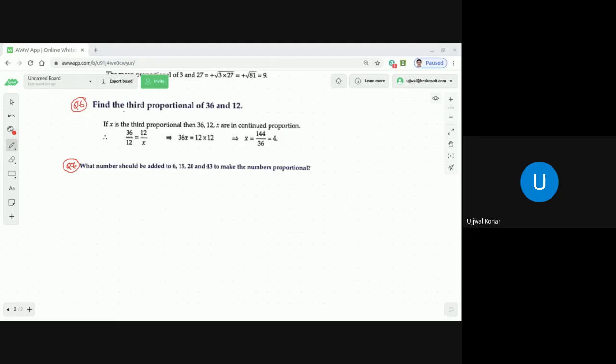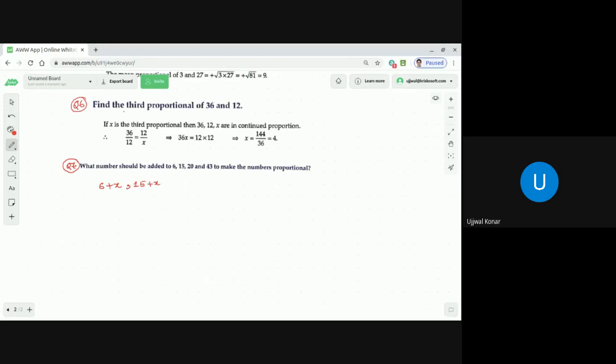Suppose x is the number to be added. What number should be added so that these four quantities will be in proportion? So let us add x to each of these numbers. Then what will be our numbers? 6 plus x, correct or not?